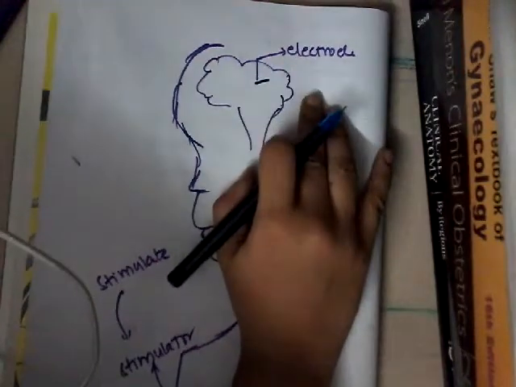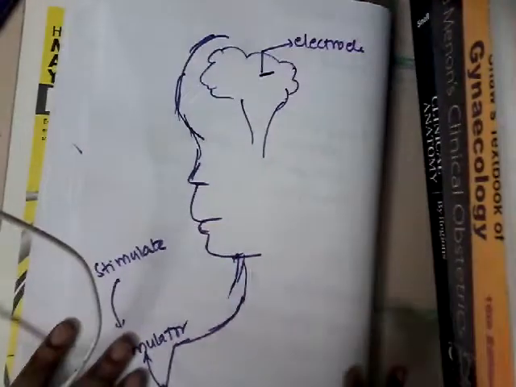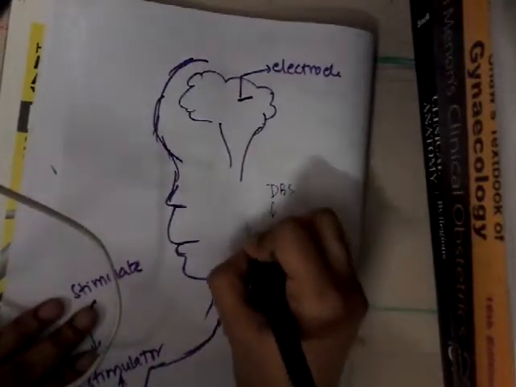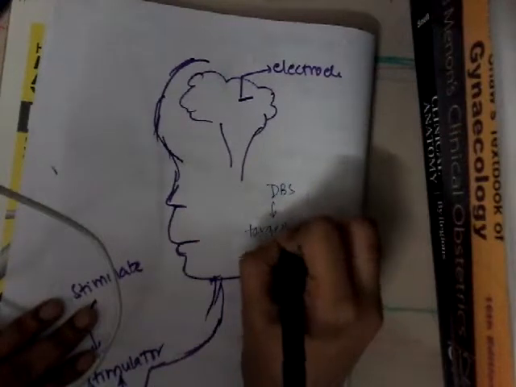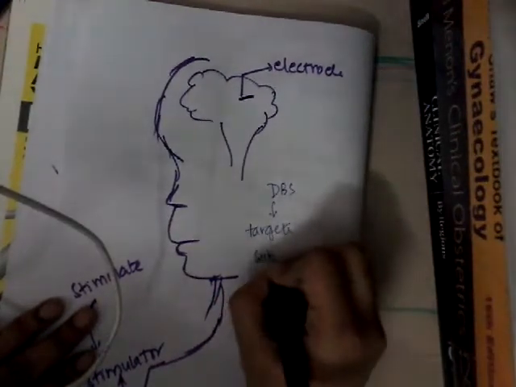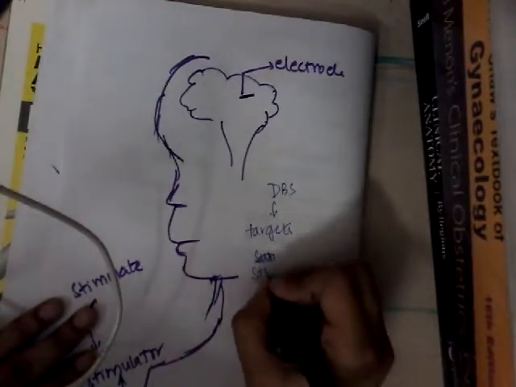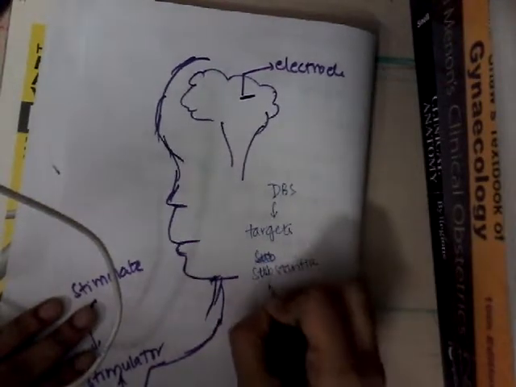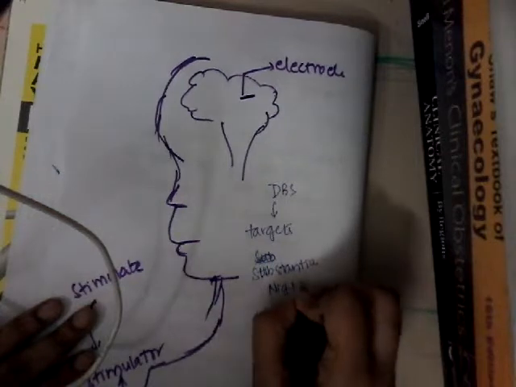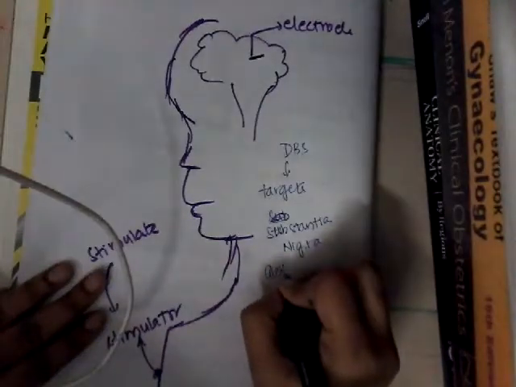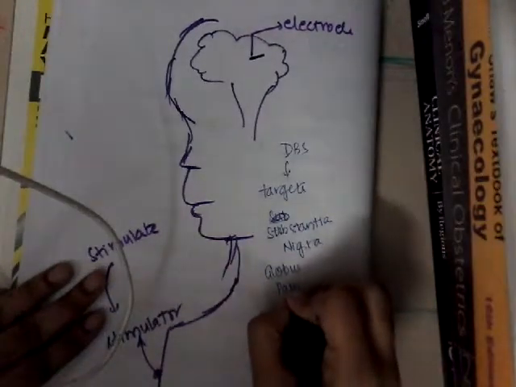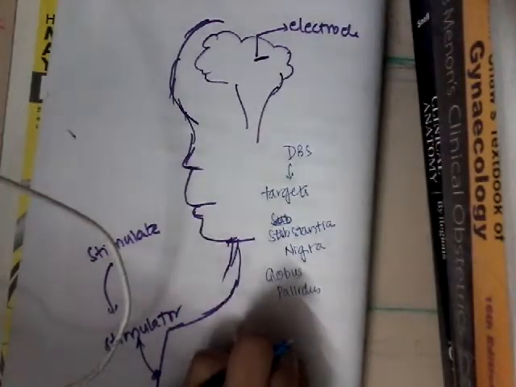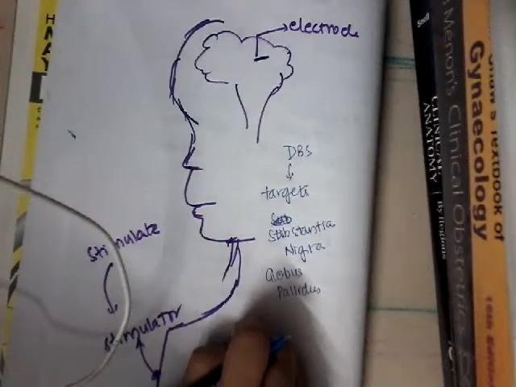This deep brain stimulator in Parkinson's disease targets majorly the substantia nigra or globus pallidus. So this is what it mainly looks at.